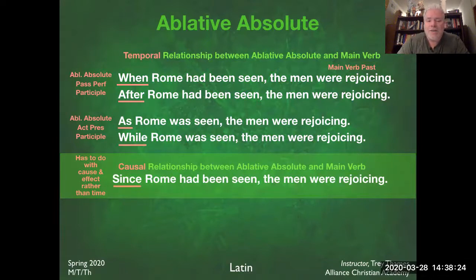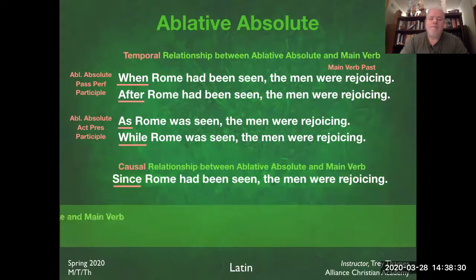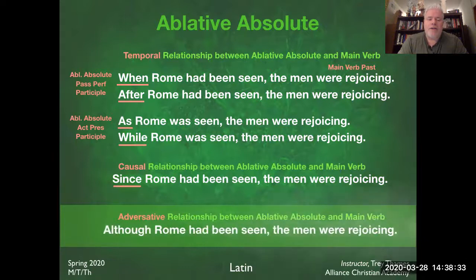And then the last one, which I mentioned a minute ago, uses the word although. It has more to do with an adversative effect. So let's take a look at that. Adversative relationship: although Rome had been seen, the men were rejoicing. This has to do with juxtaposing two different ideas. Now, this would work if, let's say, maybe they're slaves and they're about to be sold into slavery in Rome.